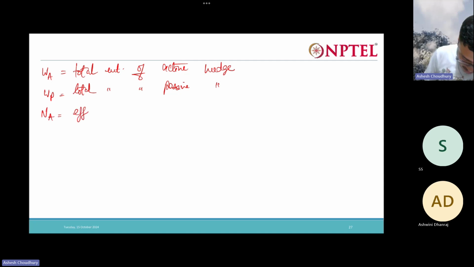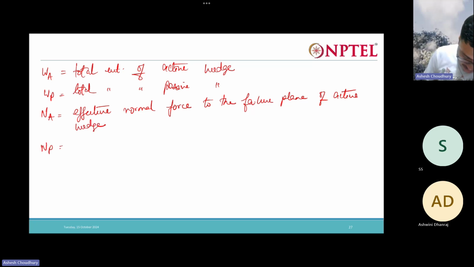NA is effective normal force to the failure plane of the active wedge, and NP is similar normal force to the failure plane of the passive wedge.